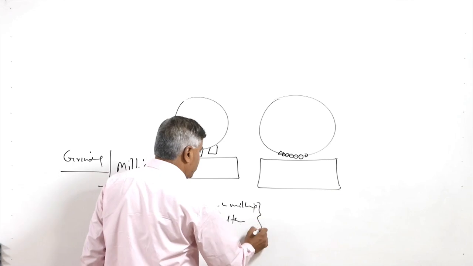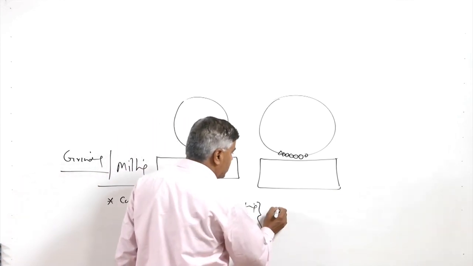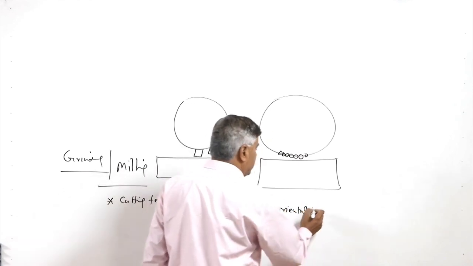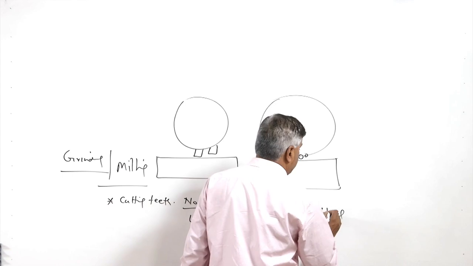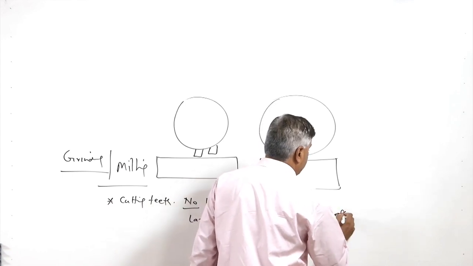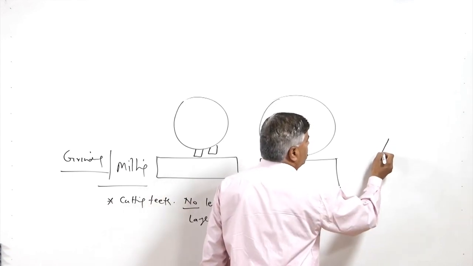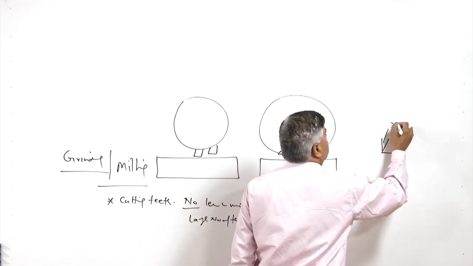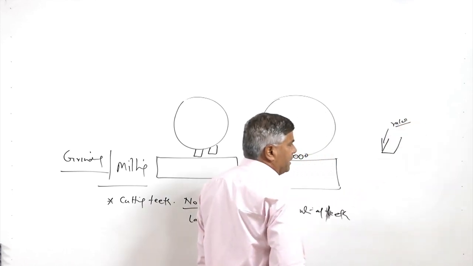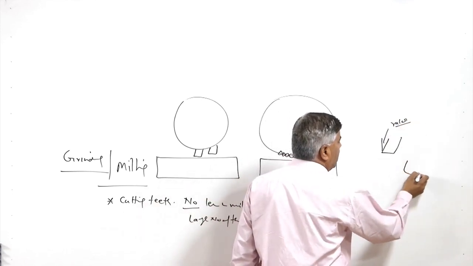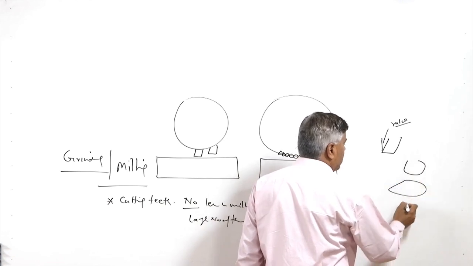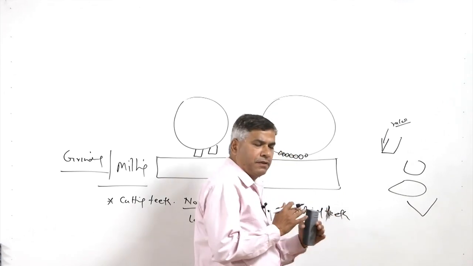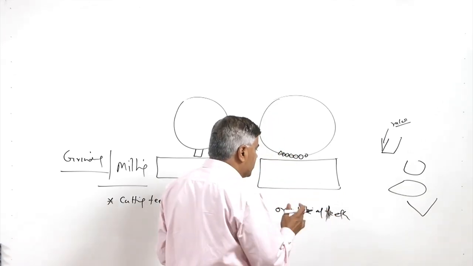The second one, with regard to the cutting teeth, is the orientation of the teeth. Milling mostly uses a positive rake angle, as it is defined for the milling machine, while the grinding wheel uses abrasives, which have different sizes, shapes and orientations.